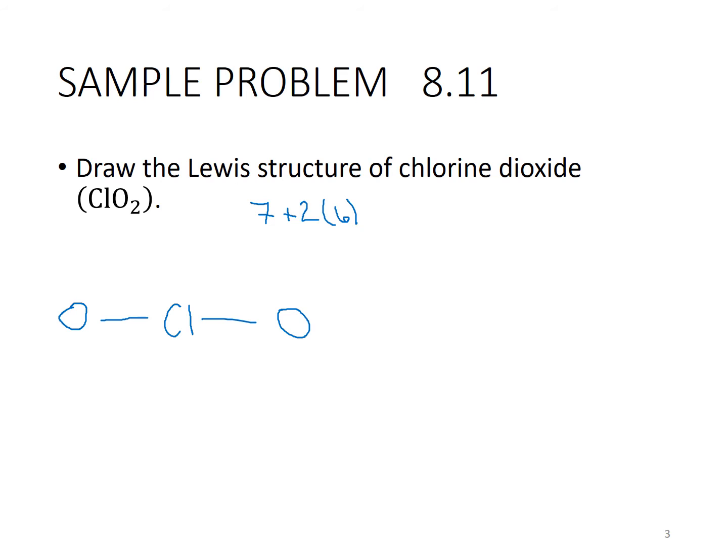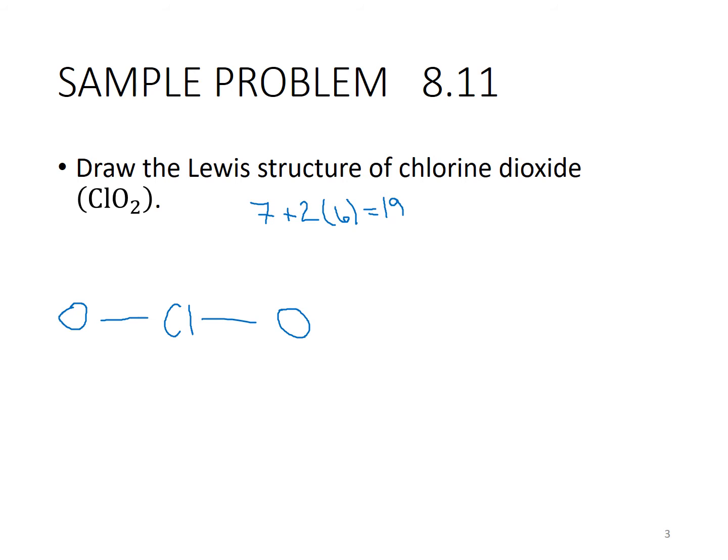Okay, so we're going to get 19 valence electrons. Most of the time, for my purposes, if you ever get 19 valence electrons, it's likely that you forgot the charge. That's a common issue. If you're confident that you have an odd number, it means that you're going to have a radical, which is again, something that's fairly abnormal.